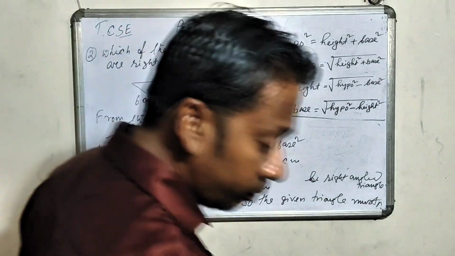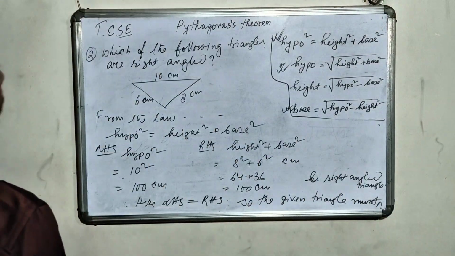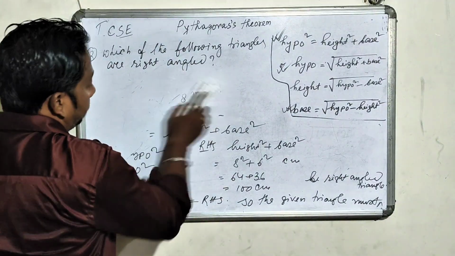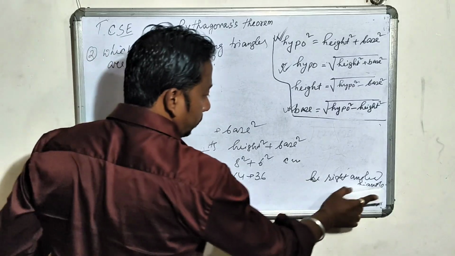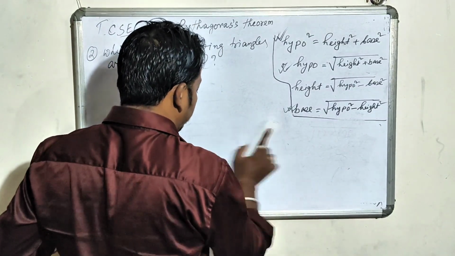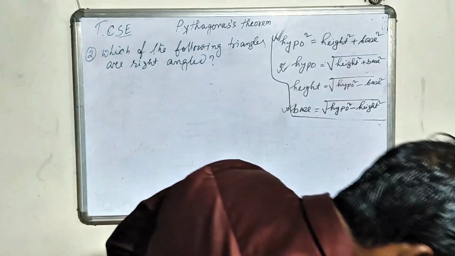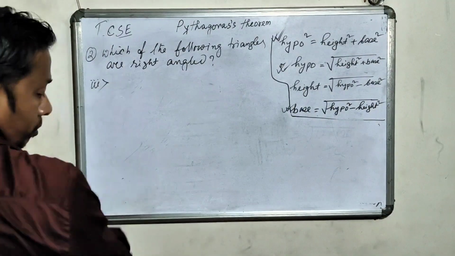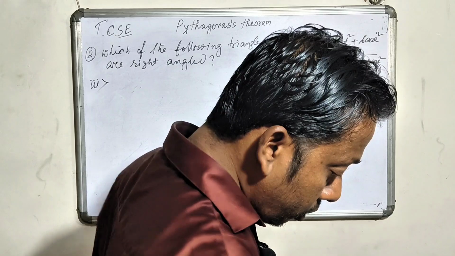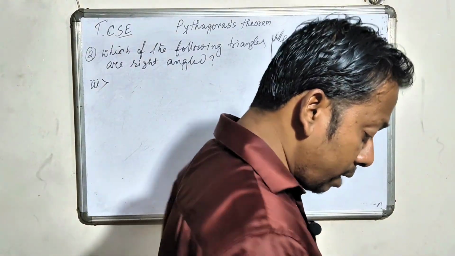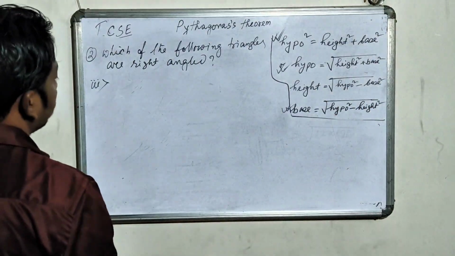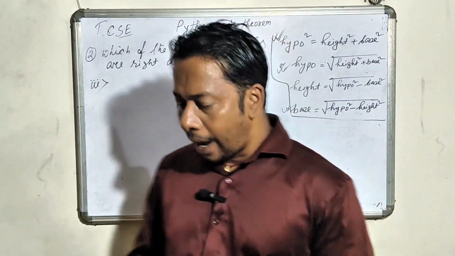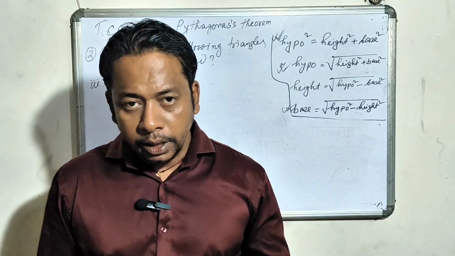Clear? So next math. Question number 3, question number 4, question number 5, question number 6 are the same as question number 1 or 2, because in these two categories, either your left hand side equals right hand side or not.